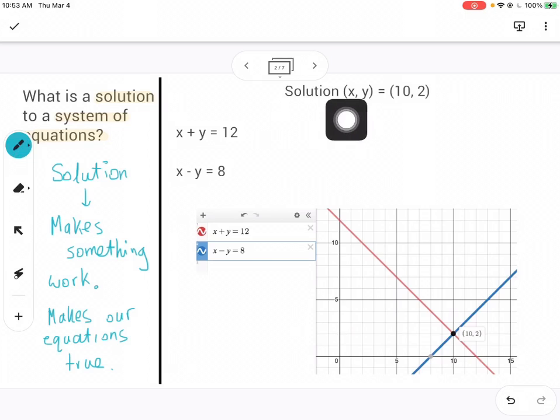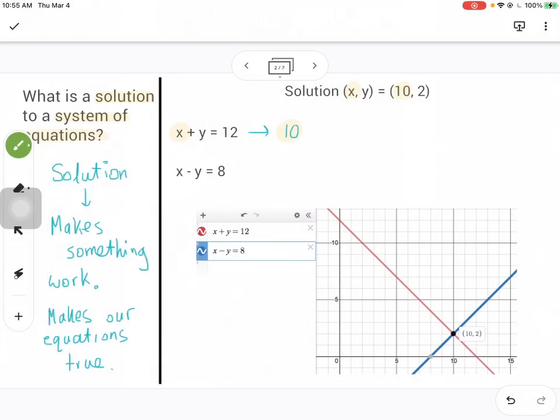So our solution for these two equations is (10, 2), because when we plug in 10 for x and 2 for y in both equations, we get a true equation. Let me show you what I mean. Let's check this solution in this equation. So instead of x, I'm going to put 10.